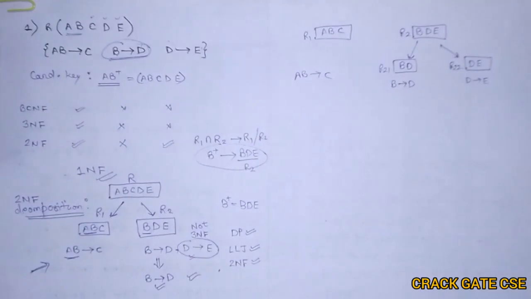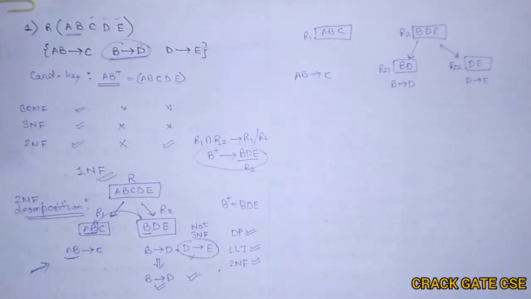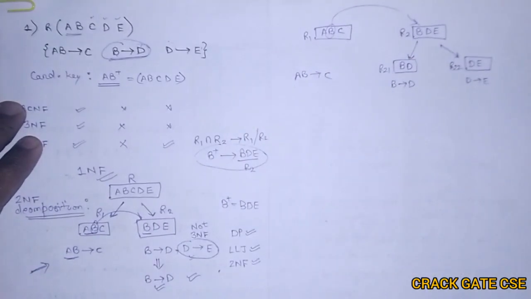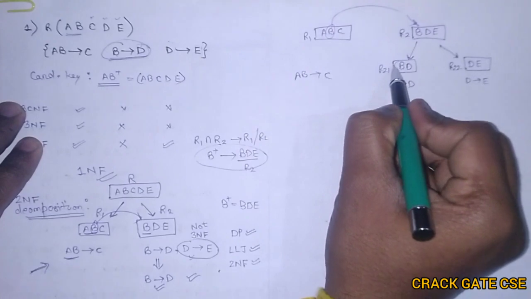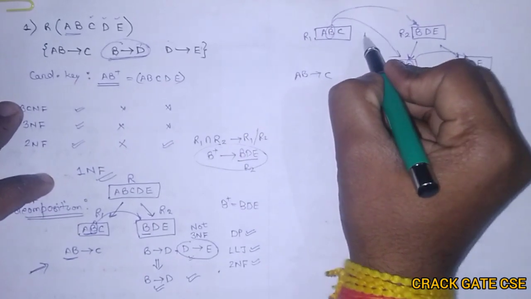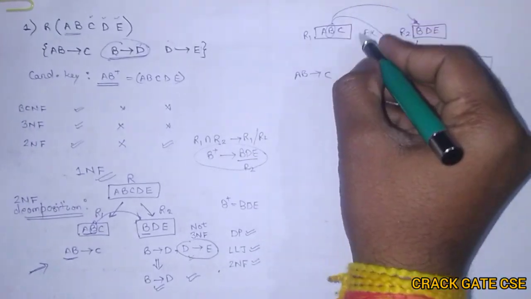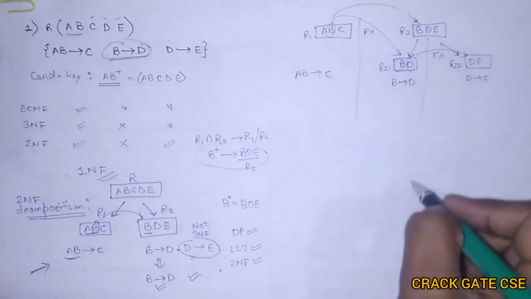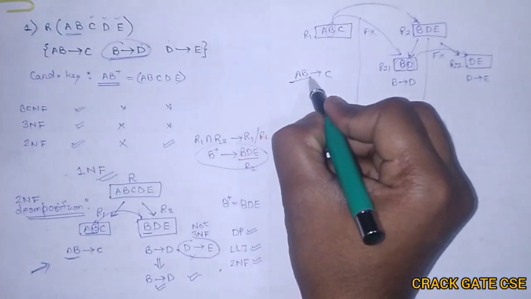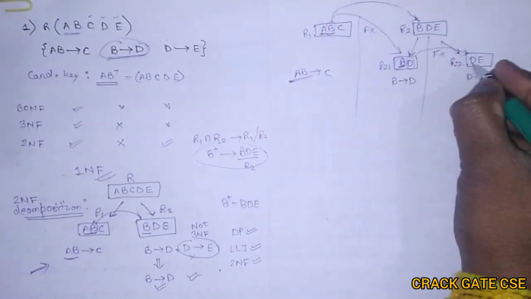Also, there has to be a foreign key which is referring to another relation. Here you can see that this B is behaving as a foreign key, referring to the relation where B is a key, and this D is a foreign key to this one. Now there are three different sub-relations, and each of them will satisfy 3NF as well as BCNF, because AB is a key for the first relation, B is a key for the BD relation, and D is a key for the DE relation.